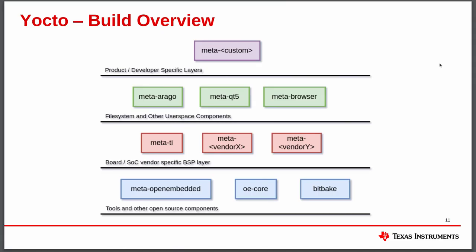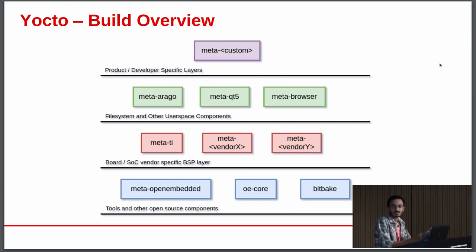These layers usually have the BSP specific stuff, like the custom vendor kernel and vendor specific U-Boot and other stuff. In meta-ti, we usually have our TI Linux kernel, TI U-Boot and TI Linux firmwares. So all the vendor specific BSP goes to meta-ti, and then we have the file system and other user space components. You can make your own custom file system layer and include it here.